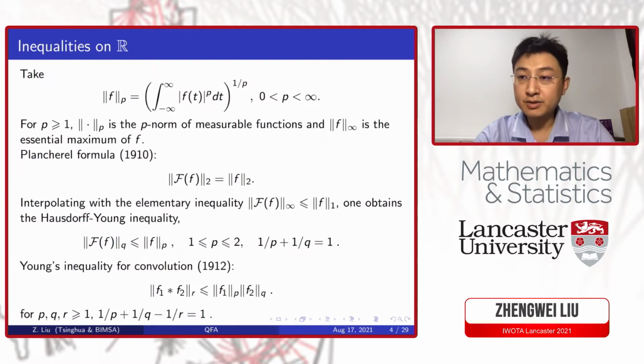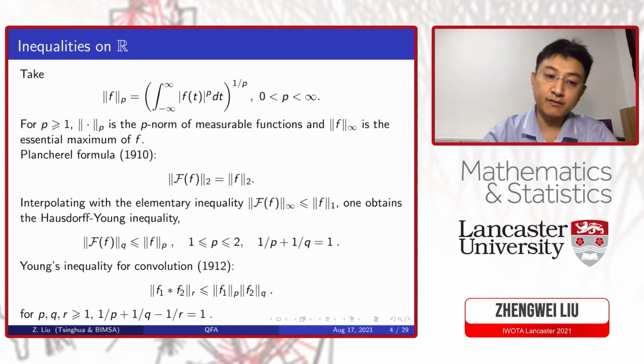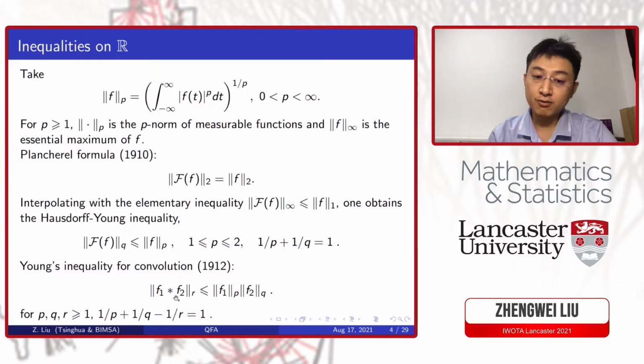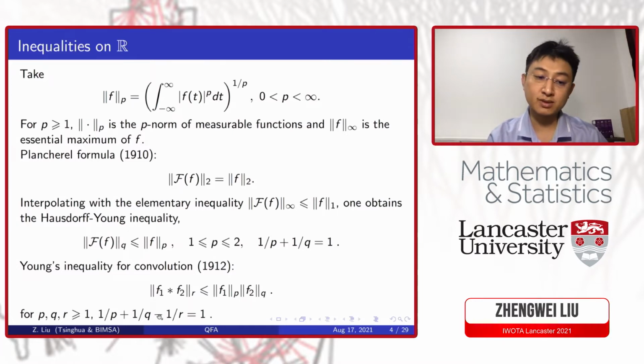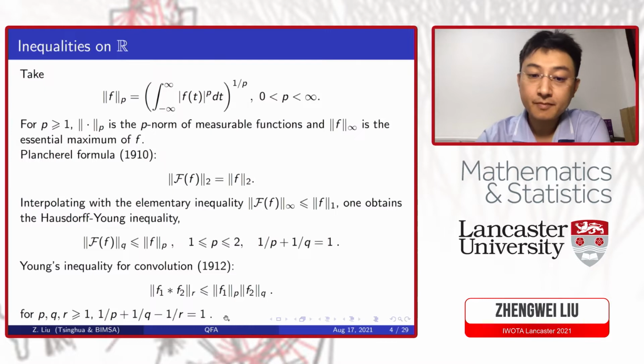In the general setting, Fourier analysis is not only about analytic estimates of the transform itself. For example, the following Young inequality is also a classical one, for convolution. We take the convolution of two functions, f1 and f2. Then its r-norm is bounded by the p-norm of f1 and the q-norm of f2, subject to the condition p inverse plus q inverse minus r inverse equals 1.